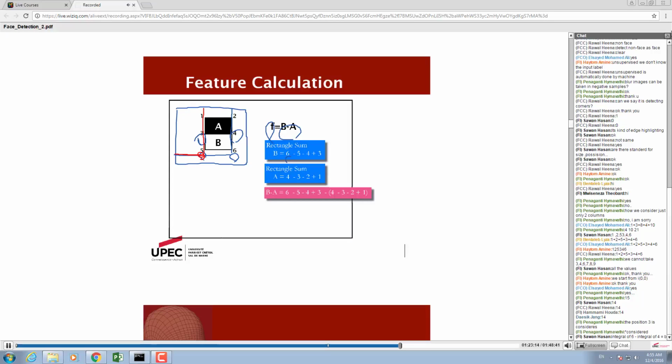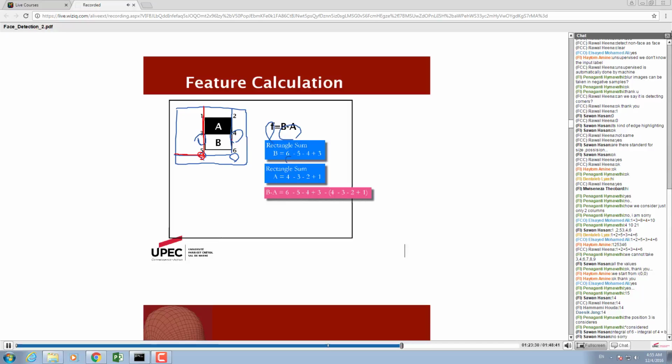From 6, first of all, we subtract 5. 5 means this region. We cut this region, but it is still more than B.